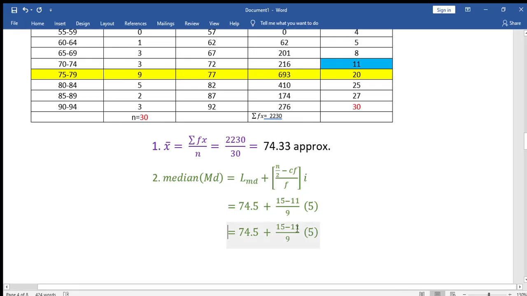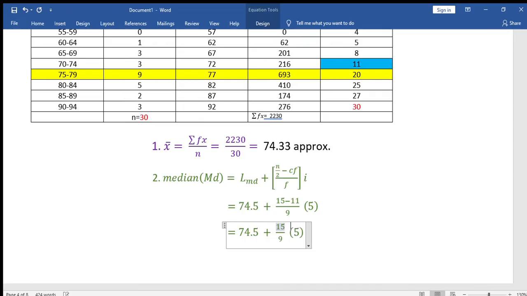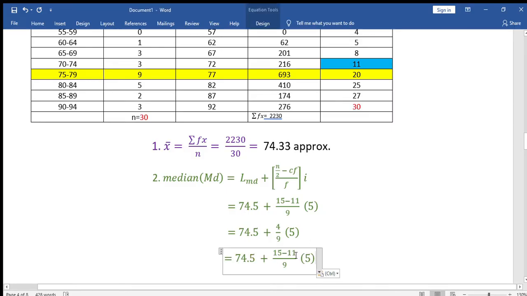So 15 minus 11 is equal to, what's the value? 15 minus 11 is equal to 4. Correct? So 15 minus 11 is equal to 4 over 9. Then, what's the next? We are going to simplify it. So we have 4 times 5. 4 times 5 is equal to 20 over 9.